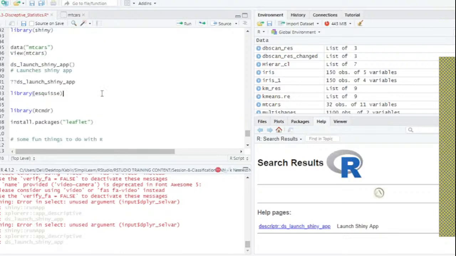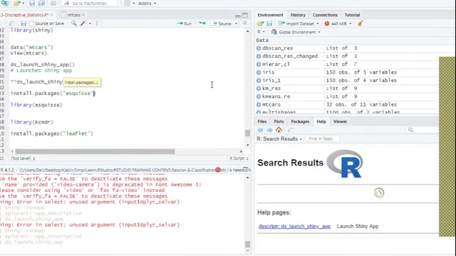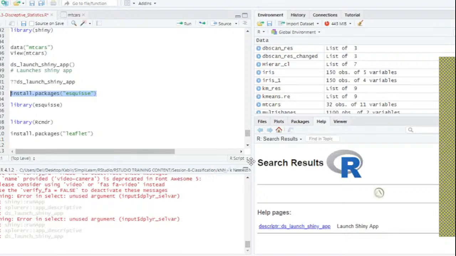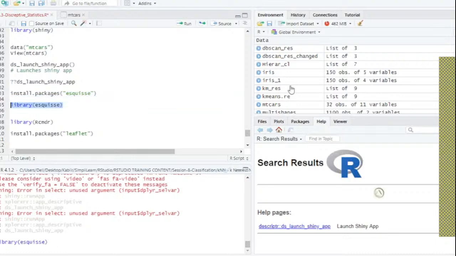SQC, install dot packages, SQC. I'll share this command. This is again, install this package.